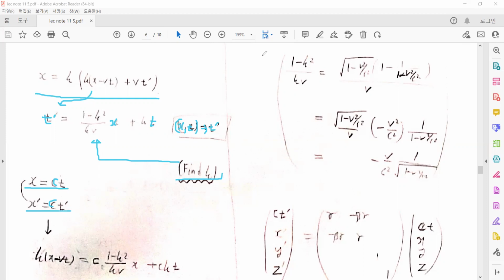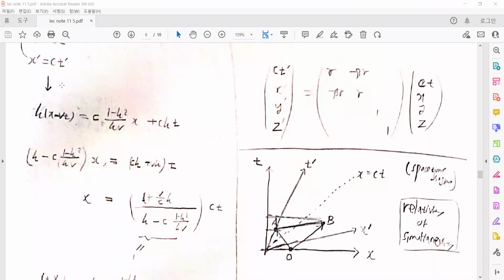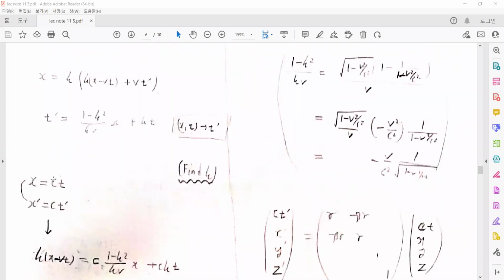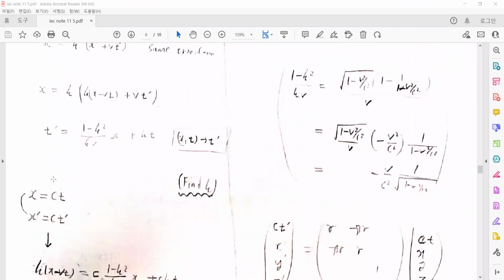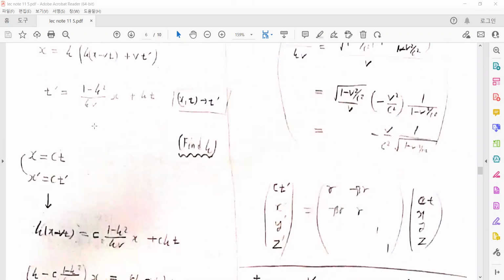So we use these assumptions of special relativity theory. We know that x prime is equal to k(x minus vt) from this formula, so we insert that, and the t prime from this formula.